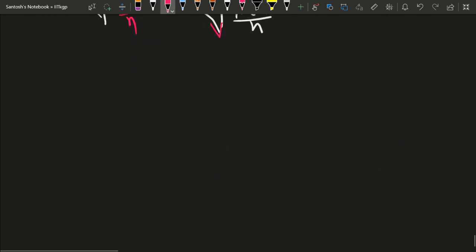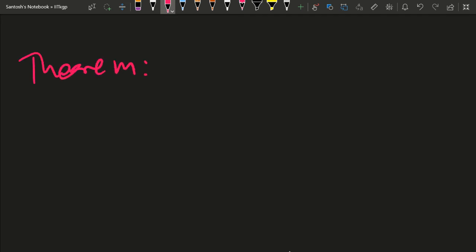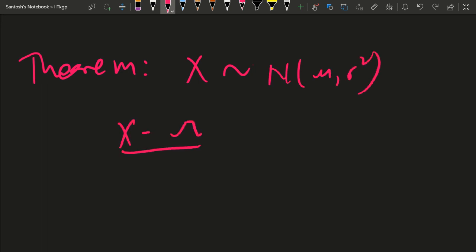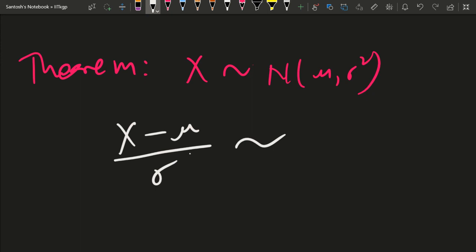Now, as I told you, x is normal mu sigma square. So I will again ask those who remember, x minus mu upon sigma will have what distribution? Can anyone remember?